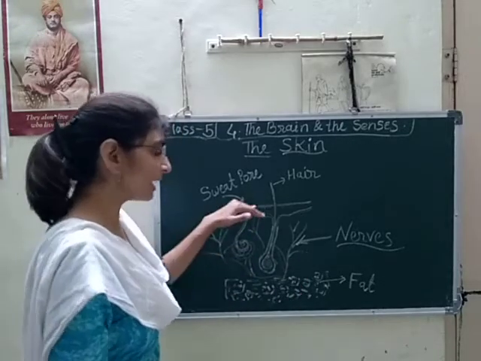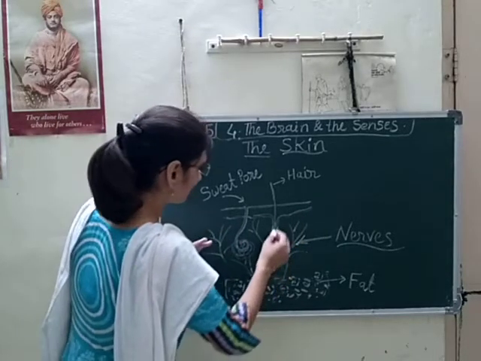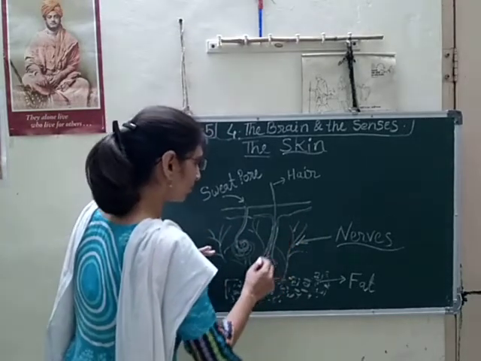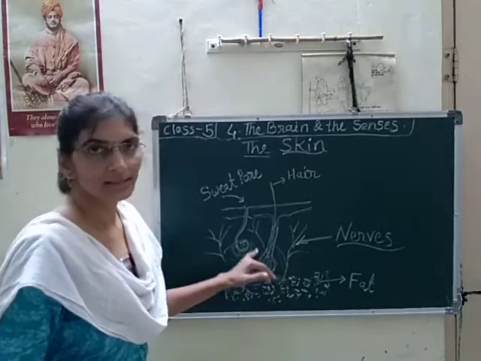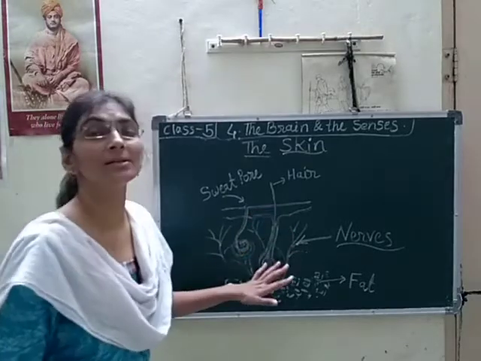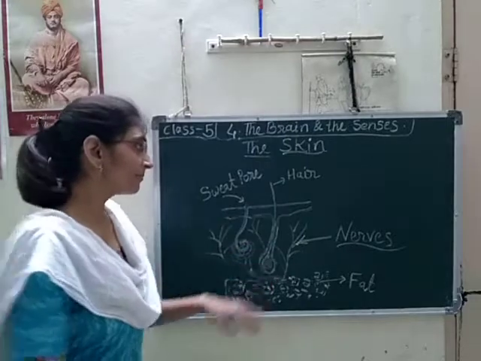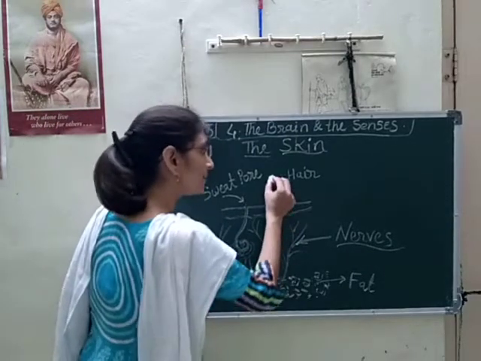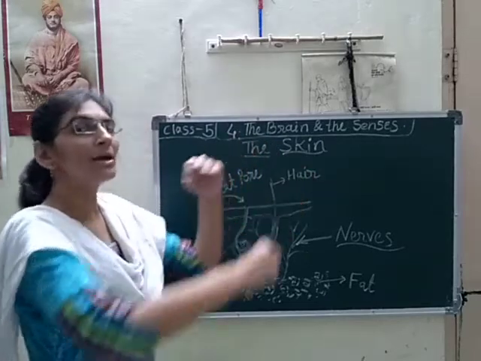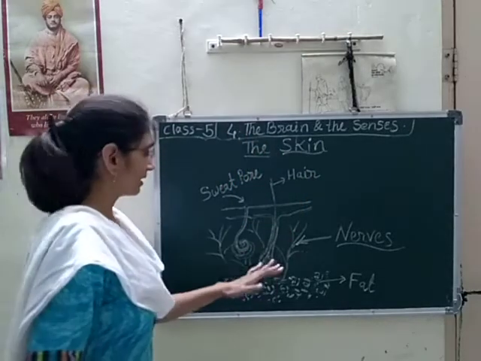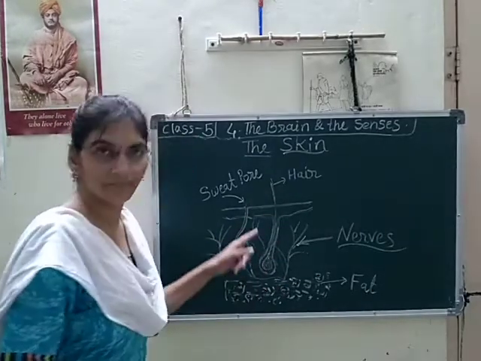Then under the upper surface of our skin, there is the root of the hair. Here under the skin is the hair root. The roots of hair are present inside, and from the root the hair comes out of our skin, like this.